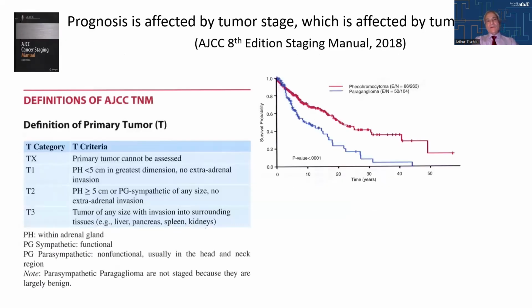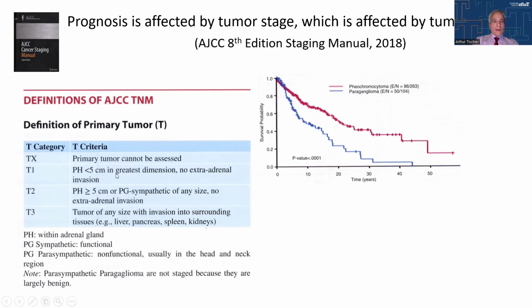The prognosis of these tumors is also affected by tumor stage, which is in turn affected by tumor location. And the 8th edition staging manual of the American Joint Committee on Cancer introduced a staging system that reflects both tumor stage and tumor location.